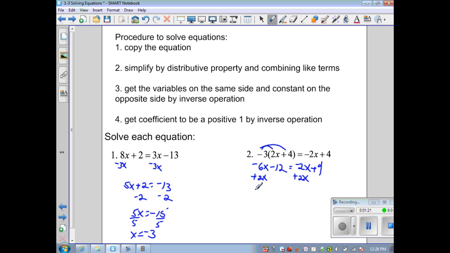That's going to give me a negative 4x minus 12 equals 4. Let's eliminate the constant on the left side by adding 12 on both sides. That gives me a negative 4x equals 16. Divide by a negative 4 on both sides. And my solution is x equals a negative 4.